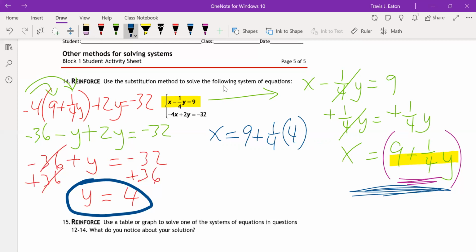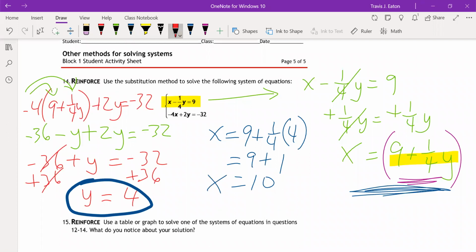So there we go. X is equal to 9 plus, what is 1/4 times 4? Well, it's 1. And so 9 plus 1 is 10. So x is equal to 10.